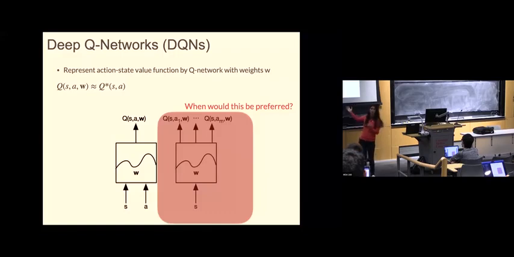That representation of the state action value function is computationally cheaper, because I can feed the state and get the Qs of all actions at once. While if I didn't have that, I would have to do a forward pass on my network for every single action in my discrete action set. Very simple reason.